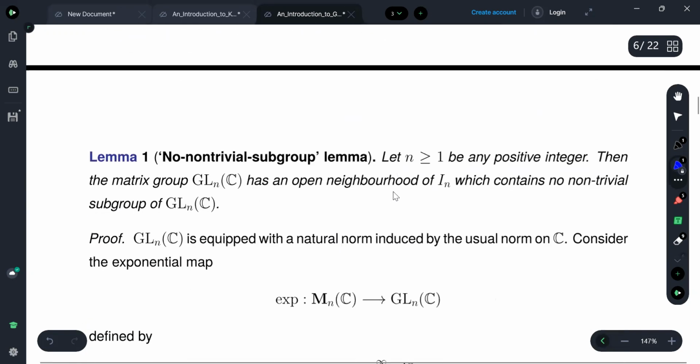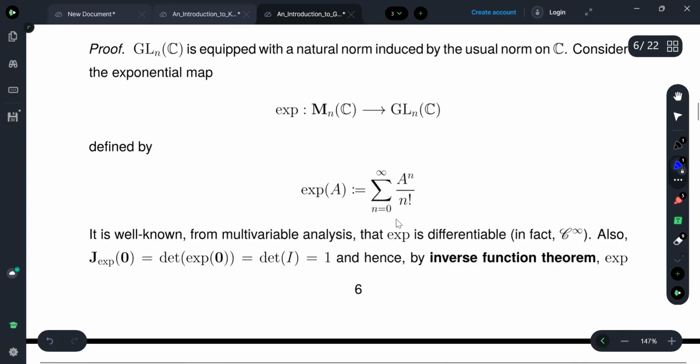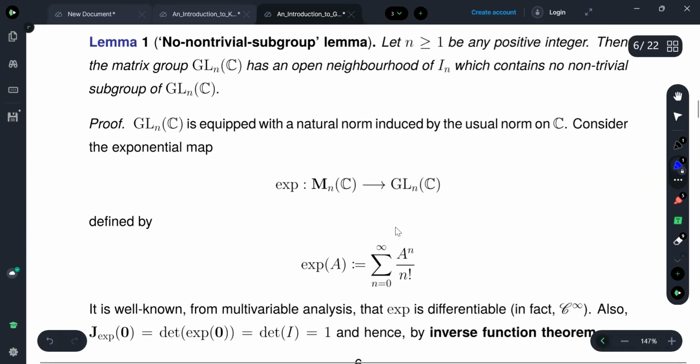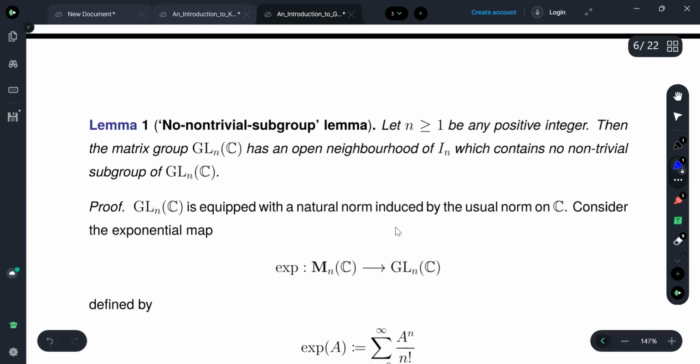I have included a detailed proof of that, though I will maybe not go through the complete proof. It uses the fact that for any n greater than or equal to 1, the matrix group GLnC has an open neighborhood of In which contains no non-trivial subgroup. This is proved here.